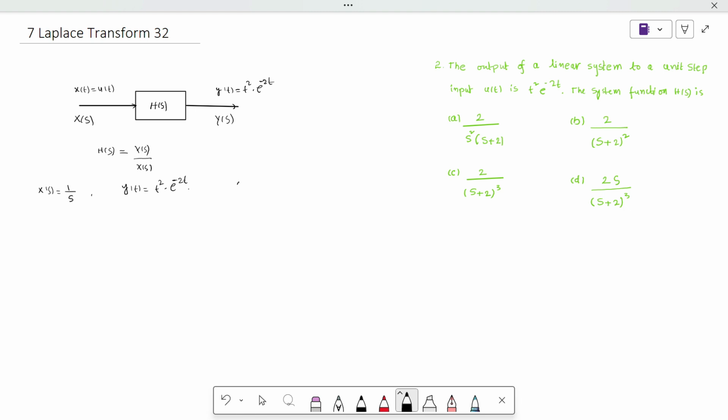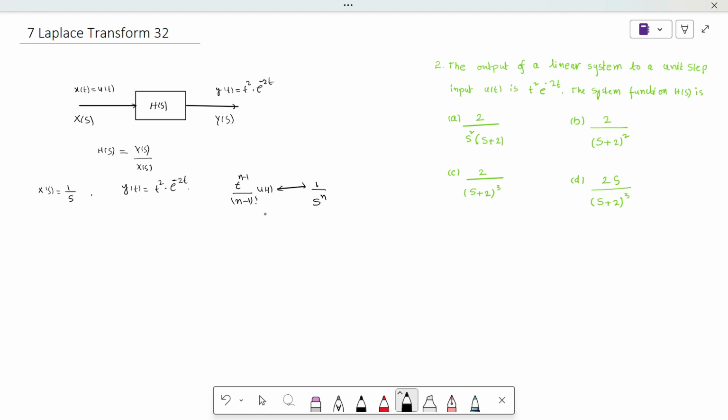So we have the formula: t to the power of n minus 1 by (n minus 1) factorial into u of t, its Laplace transform equals 1 by s to the power of n.